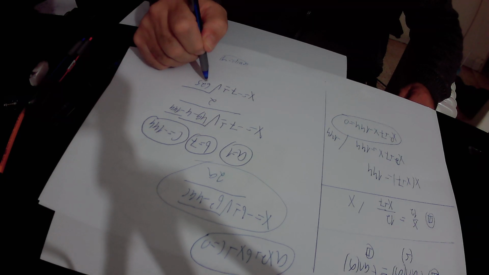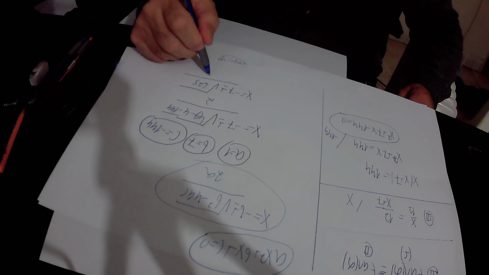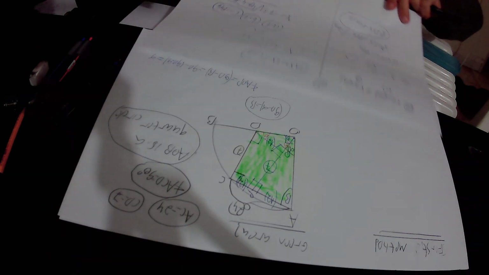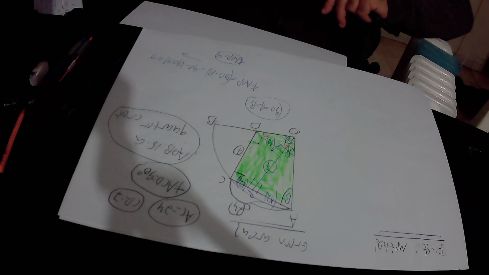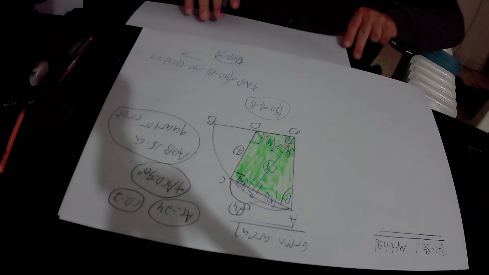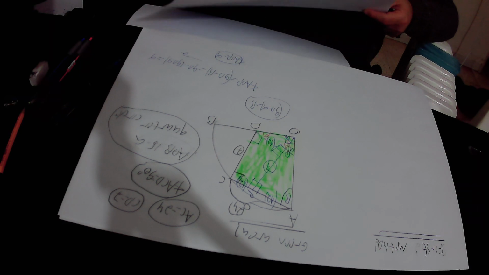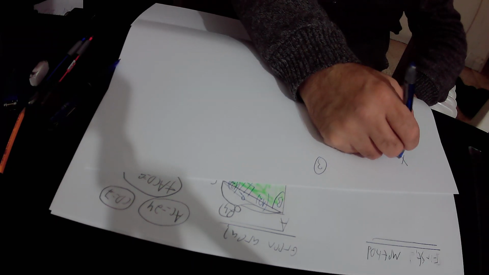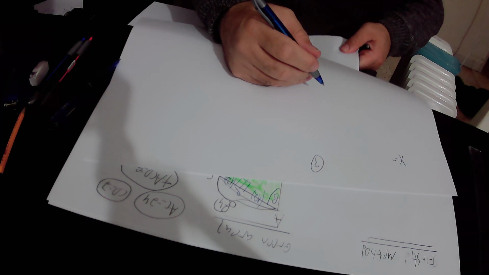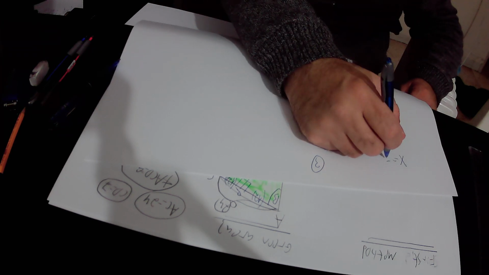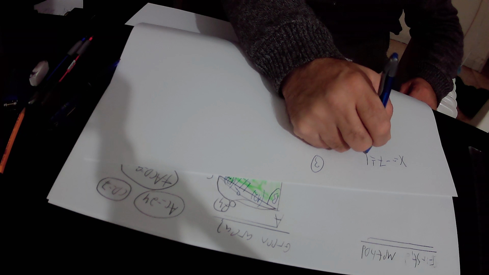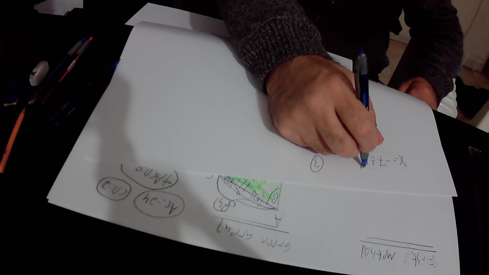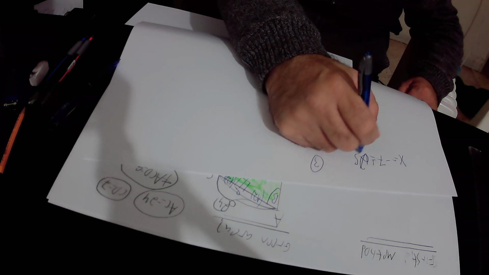So inside the root we are left only with 625, over 2. So x equals minus 7 plus minus the square root of 625, which is 25, over 2.